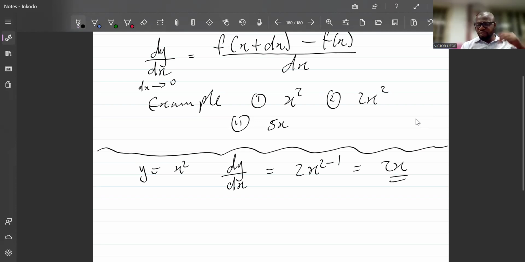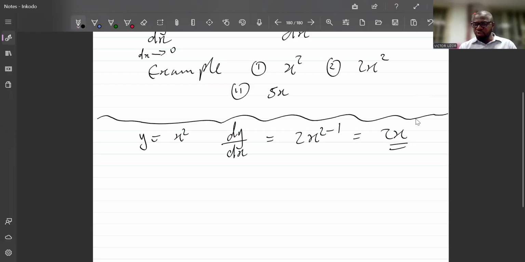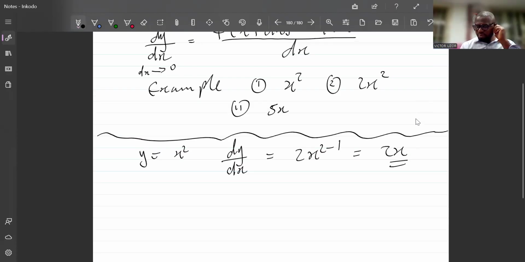So that means you use the power to multiply the variable, then you subtract 1 from the power. So that is how you do it.